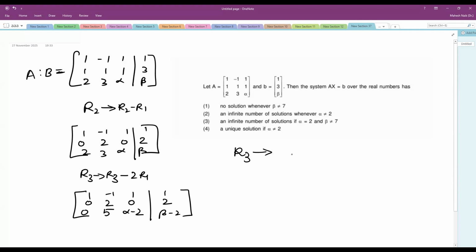You can say R3 goes to R3 minus 5 by 2 R2, which would give me 0, 0, alpha minus 2, and beta minus 2 minus 5, and R2 is 2. So beta minus 7.